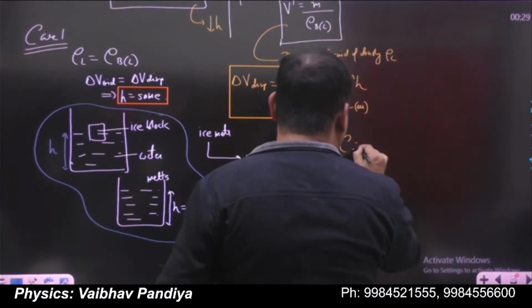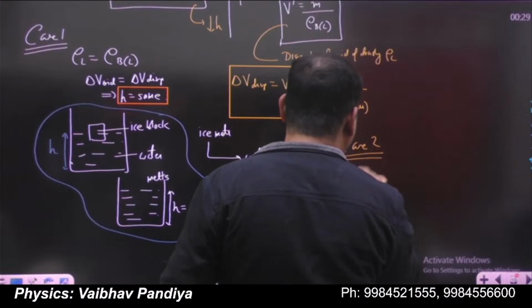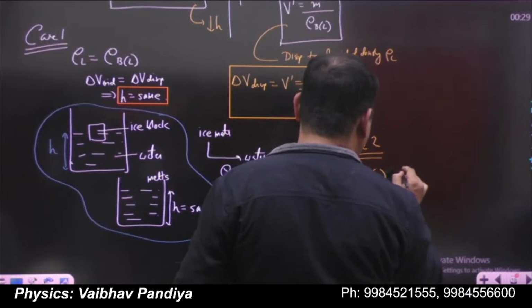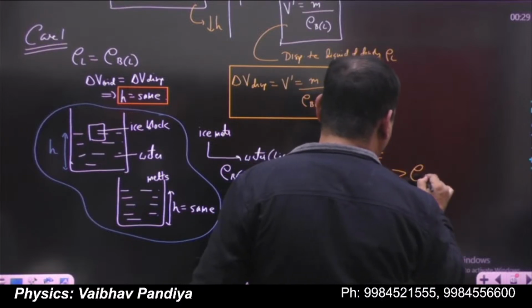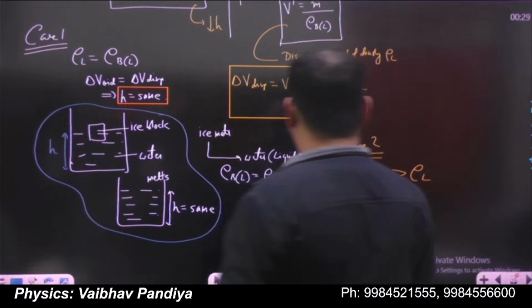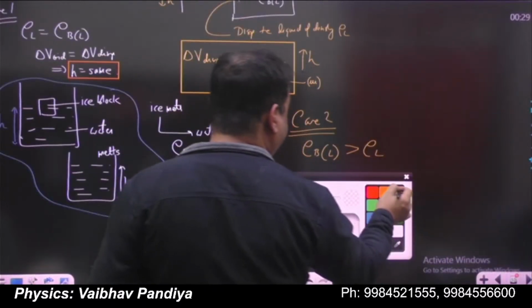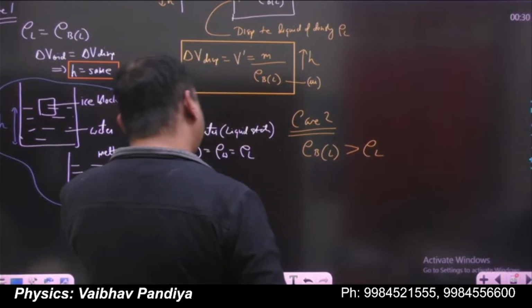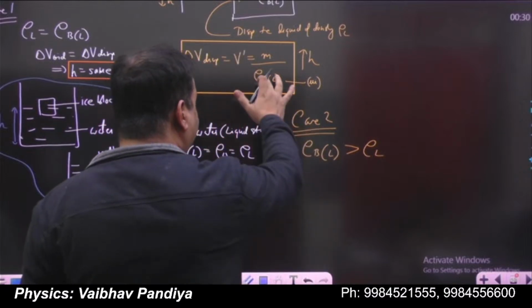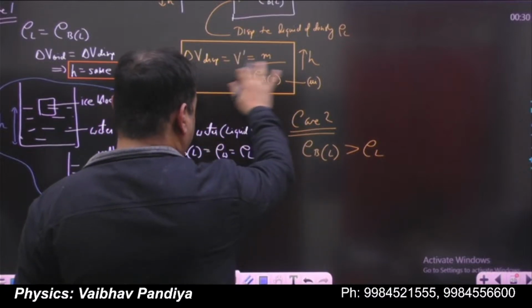Second case is if the density of the body in liquid state is greater than the density of liquid in the container. So if the denominator is more, the fraction will be less.